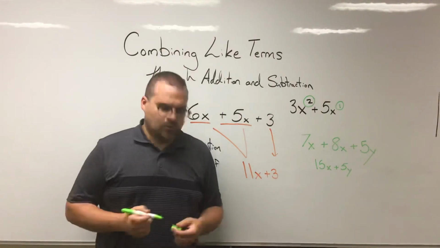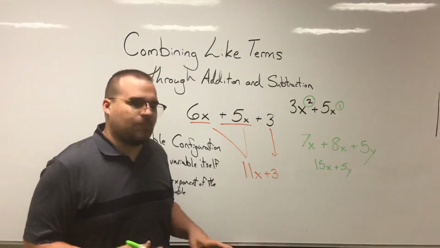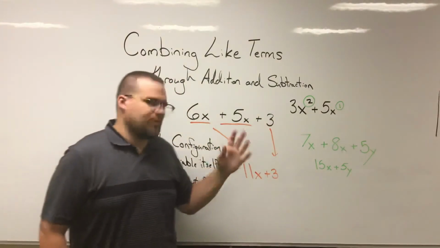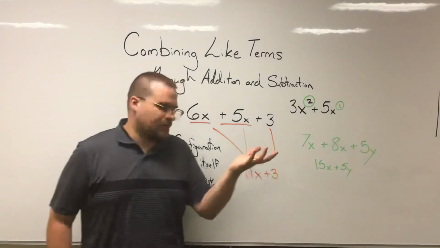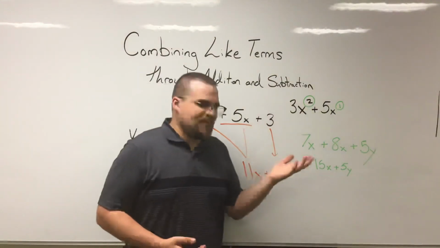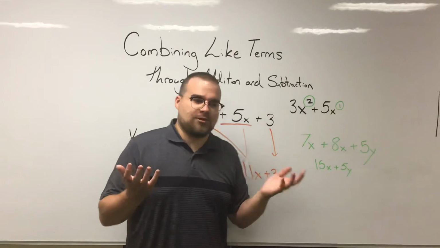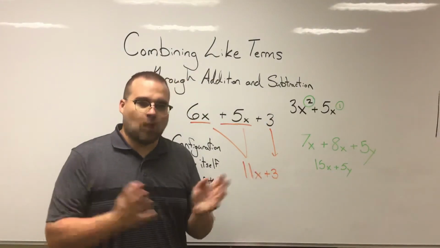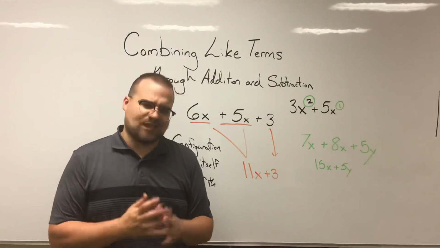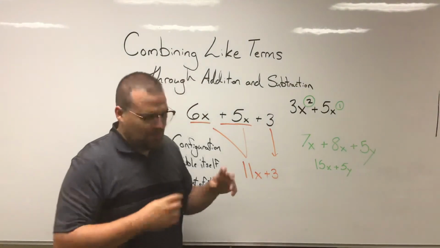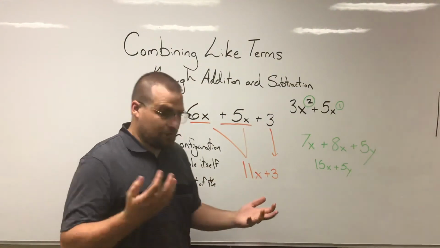Well, let's use that example again with the apples. If I have 15 apples in this hand, ignoring the fact that's a lot of apples to hold in my hand, but if I have 15 apples in this hand and 5 oranges in this hand, then all of a sudden do I have 20 apple oranges? Is that what we would say? No, we would still say I have 15 apples and 5 oranges.